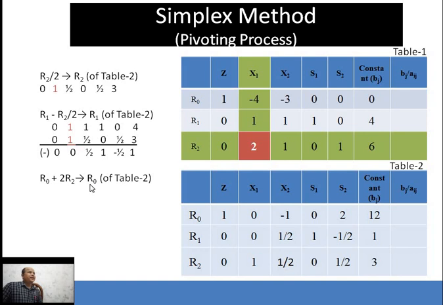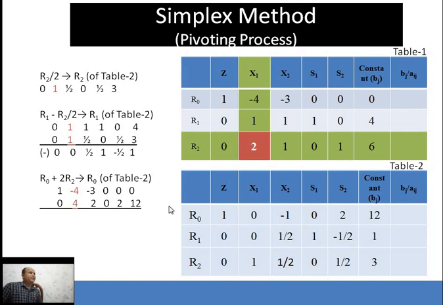Ultimately we'll get the other values also, and we'll get the R0 row of table number 2. So this is R0, put it here. Then 2 times R2: 0 multiplied by 2 is 0, 2 multiplied by 2 is 4, 1 multiplied by 2 is 2, 0 multiplied by 2 is 0, 2 multiplied by 2 is 4, 6 multiplied by 2 is 12.